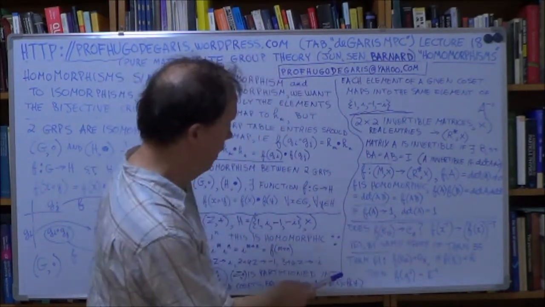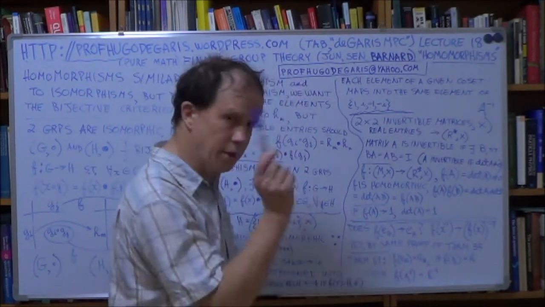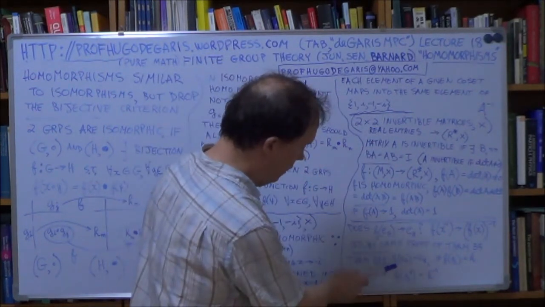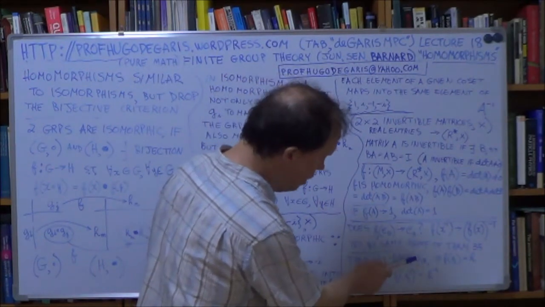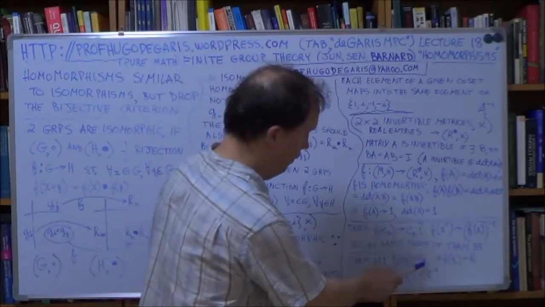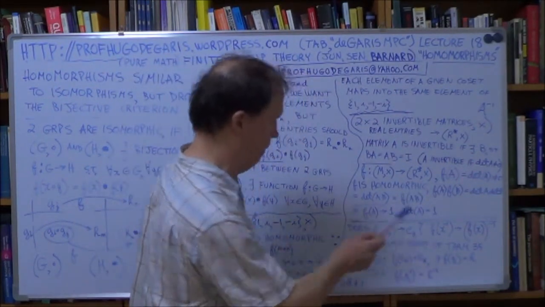I'll simply state theorem 61: the image of the unit of G is equal to the unit of H. So the unit maps.